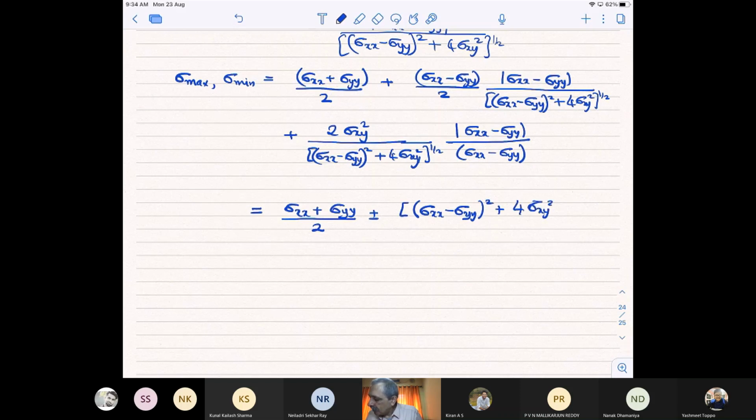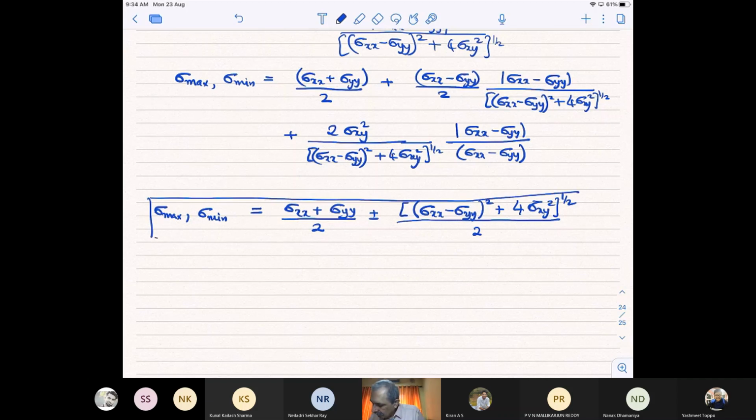You'll see that these two just simplify to this. So here you have for the maximum value of the normal stress and the minimum value of the normal stress, we get this simple formula in terms of the components of the stress tensor.